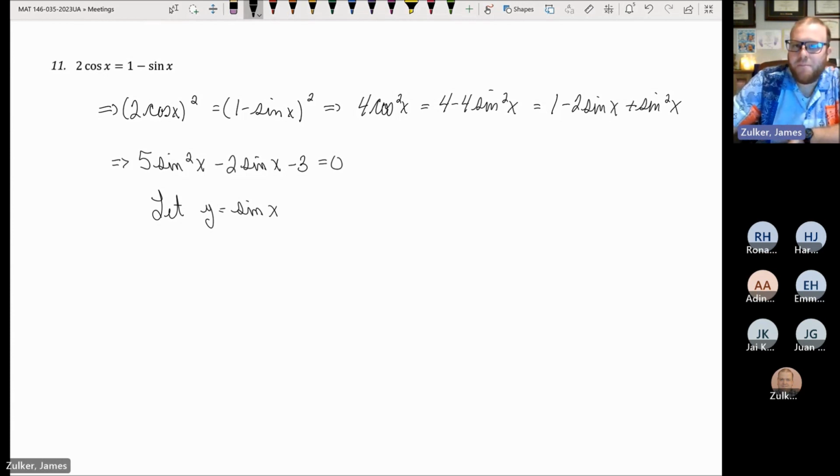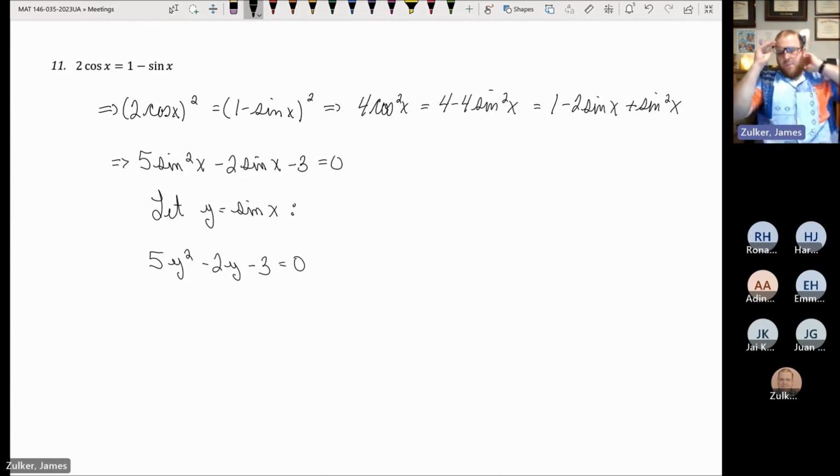Use a change of variable. Five y squared minus 2y minus 3 equal to 0. This can be factored.